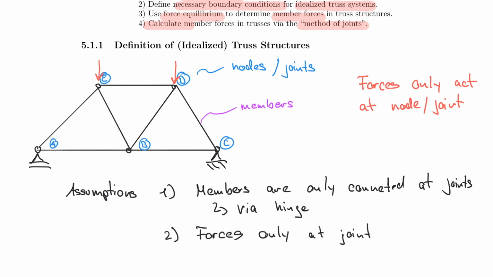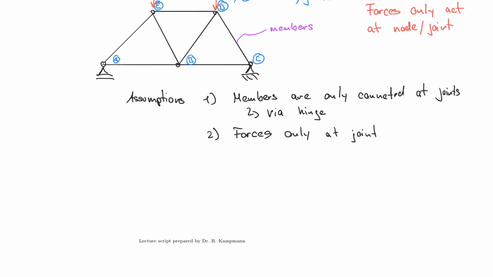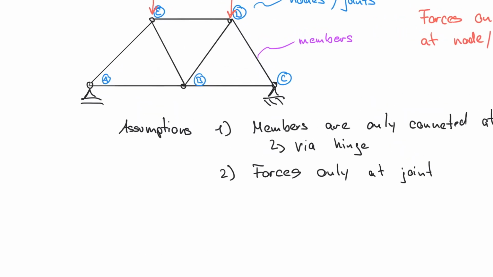And these two assumptions will make it easy for us to actually analyze those systems, because I'm just going to take one node out of the system. So let's say I will take node E here. I'm just going to release this as I always do in mechanics. I'm just going to go through it and release this node or this joint.